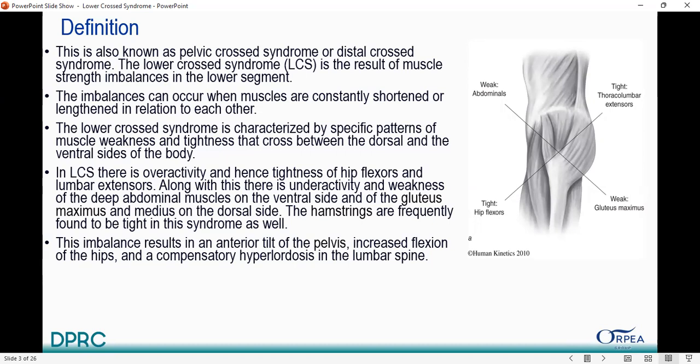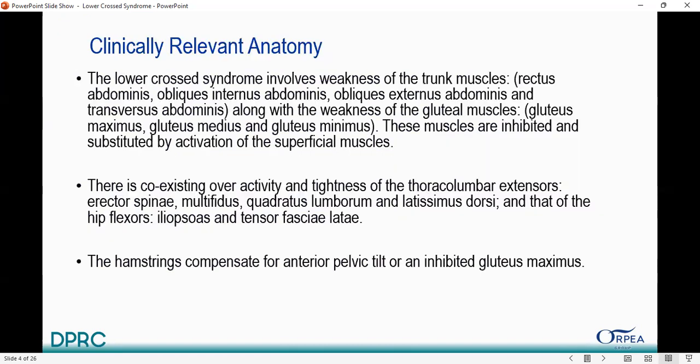The hamstring muscles are frequently found to be tight in this syndrome as well. This imbalance results in an anterior tilt of the pelvis, increased flexion of the hips, and compensatory hyperlordosis in the lumbar spine. And what is the clinical relevant anatomy?